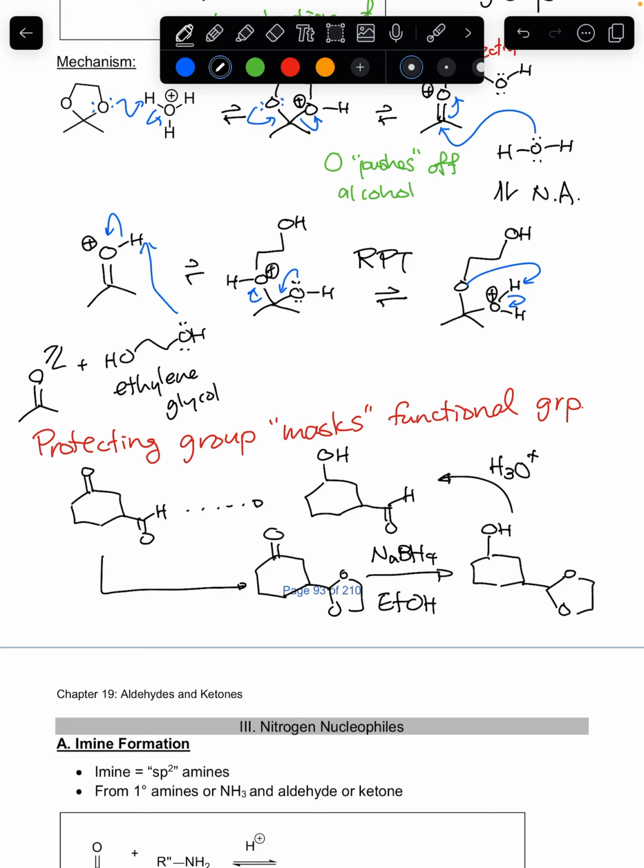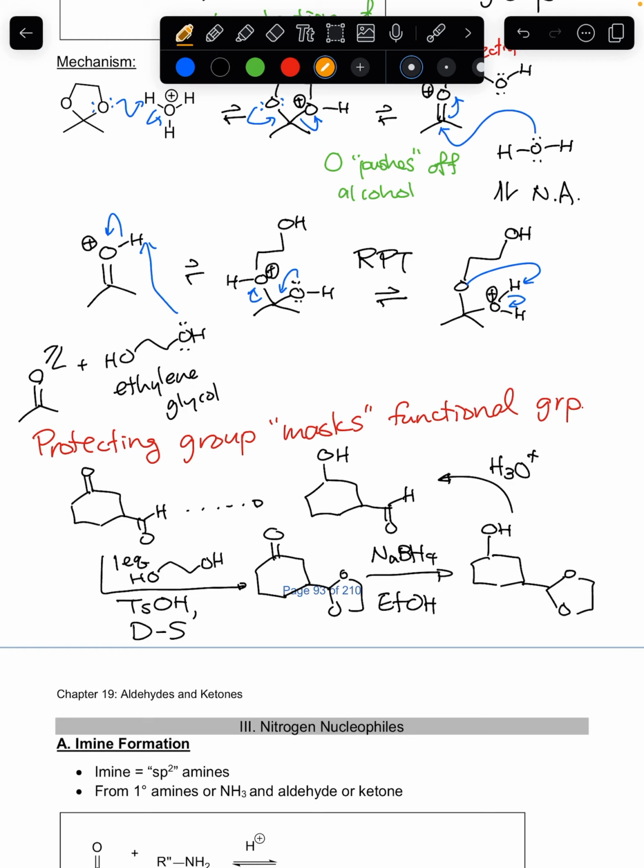And then we would make that acetal from the starting material, where we just have to add exactly one equivalent of ethylene glycol and some acid catalyst. A Dean-Stark apparatus to remove the water byproduct would be helpful.